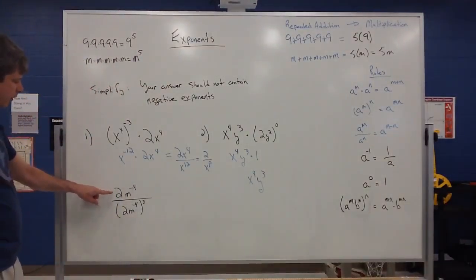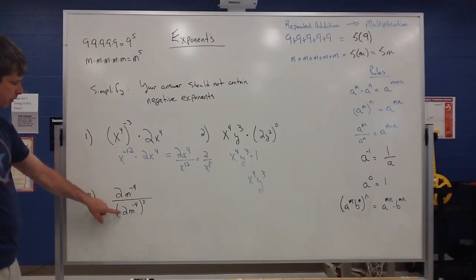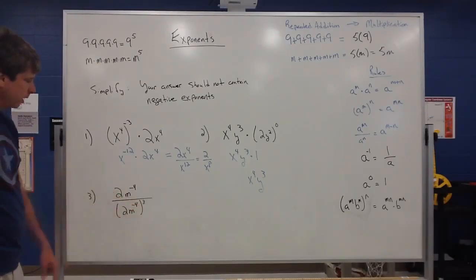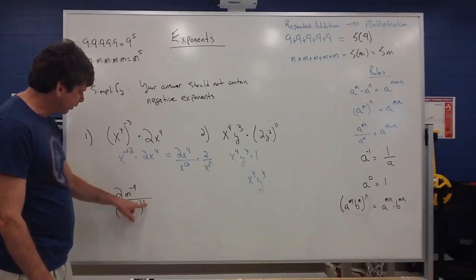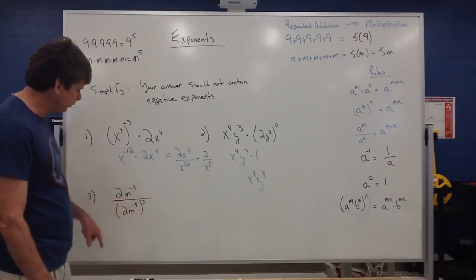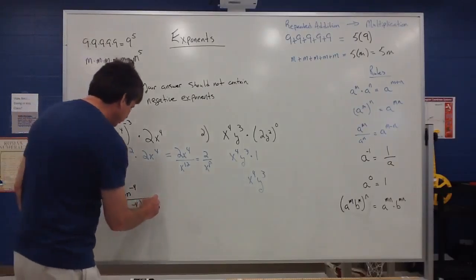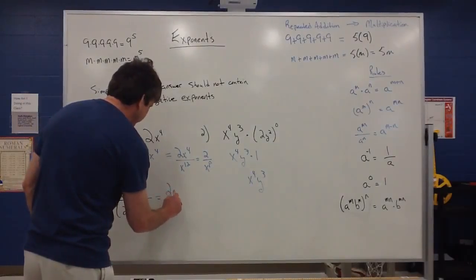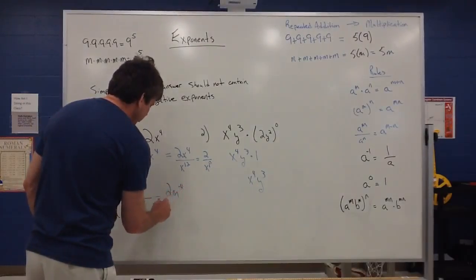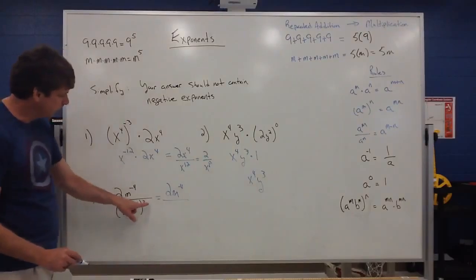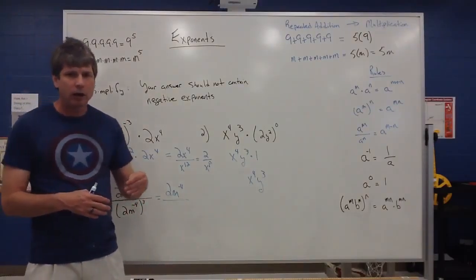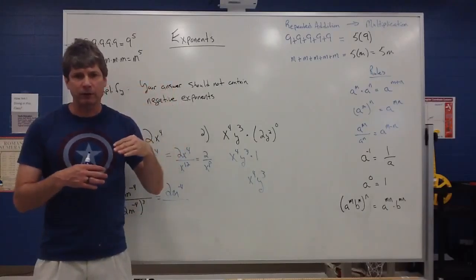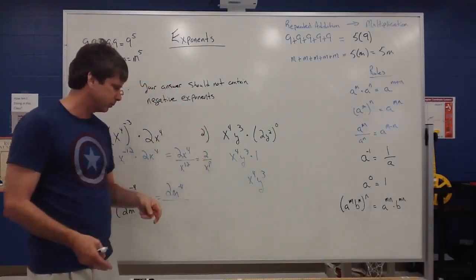My next example, I have 2m to the negative 4th, and then I have this 2m to negative 4 raised to the 3rd power. Again, I want to go ahead and get rid of this first, so I'm going to go ahead and bring the power through the parentheses before I mess with the numerator. So I'm going to leave the numerator alone for the time being, because that needs to be simplified first. So again, with fractions, I always try to simplify the numerator and denominator first before you start mixing the two together.